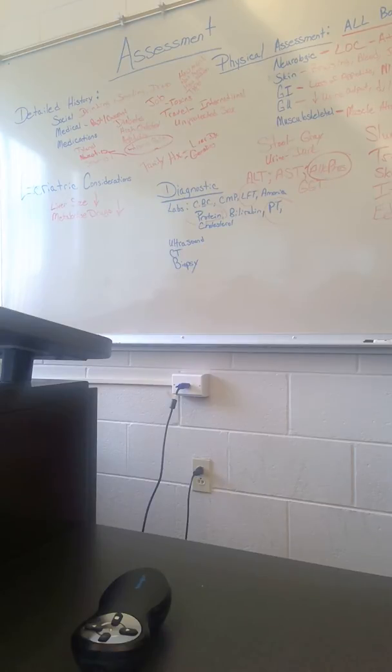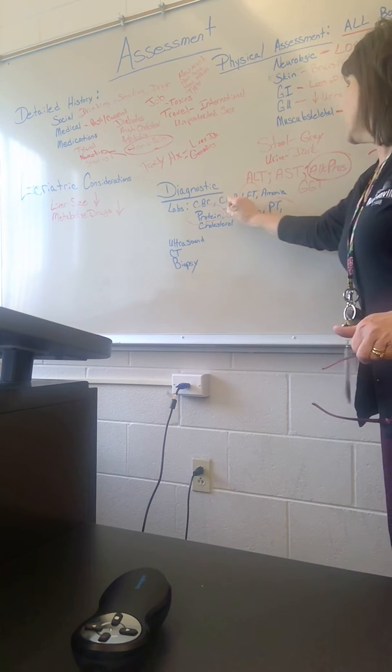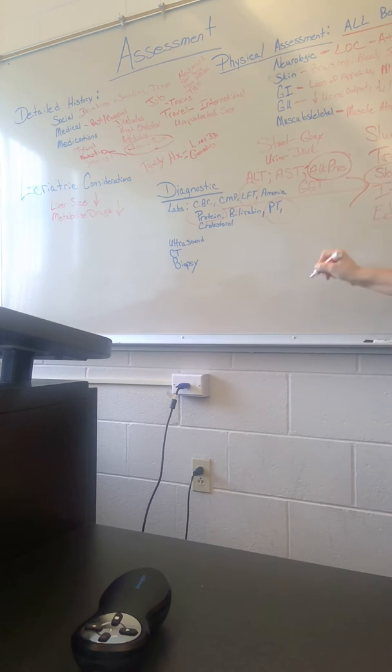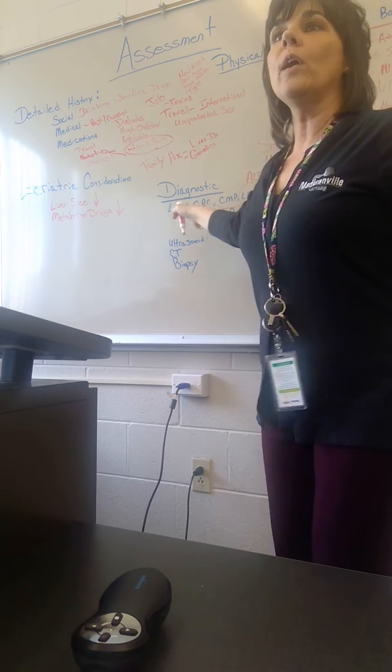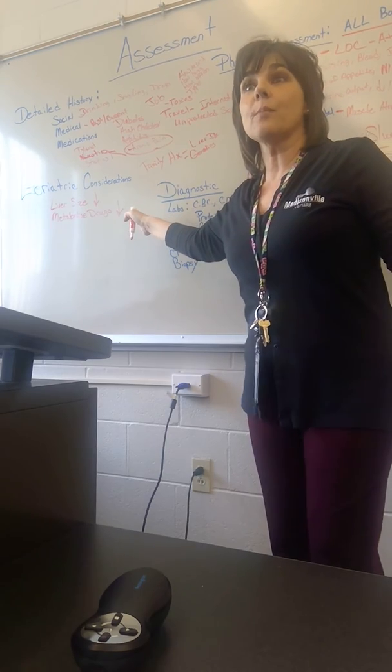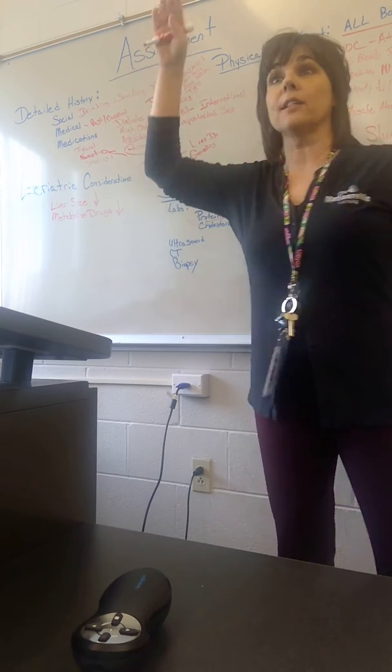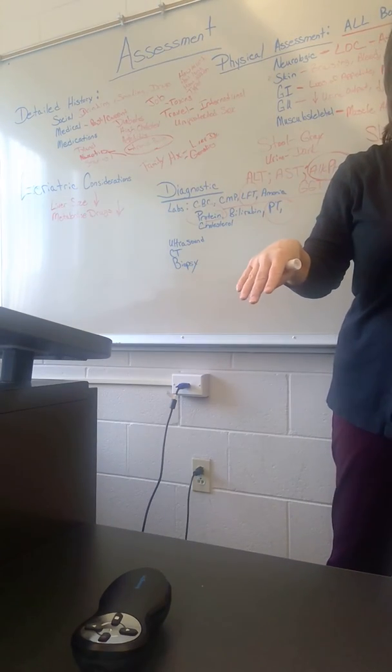So remember we just talked about skin breakdown right here? If our protein levels are low and this patient has skin breakdown, then you can see how that can go hand in hand. So we've got to look at this because, one, we're not synthesizing protein the way that we should, because the liver is in charge of doing that.